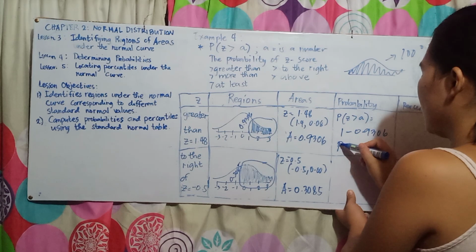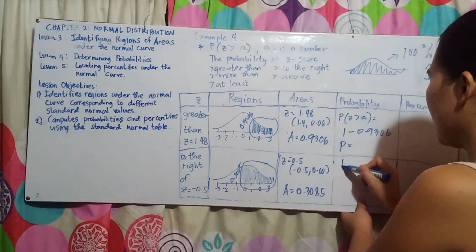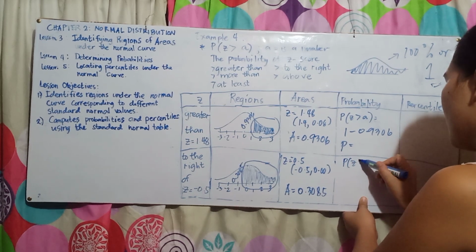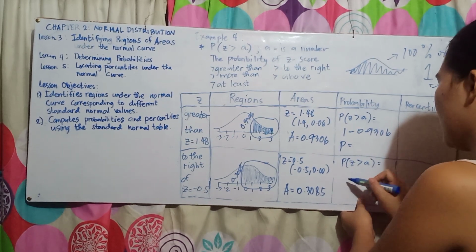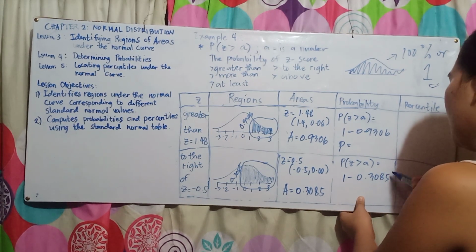0.9306. So, ang probability is, ano to answer? Probability of z-score greater than a. So, 1 minus 0.3085.